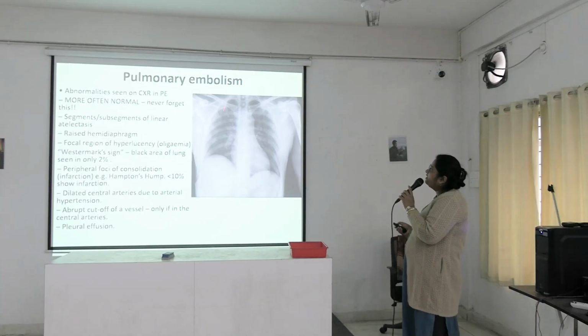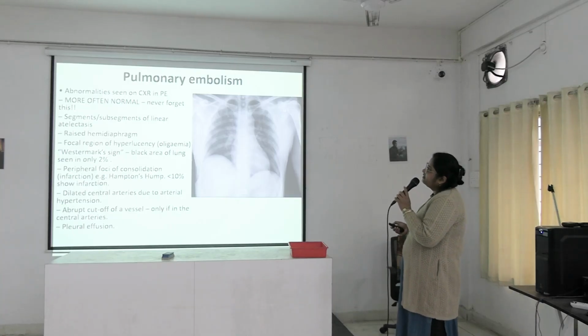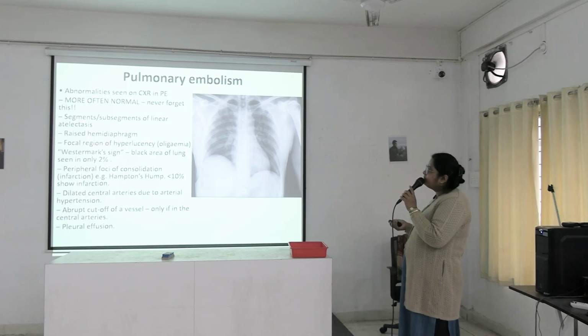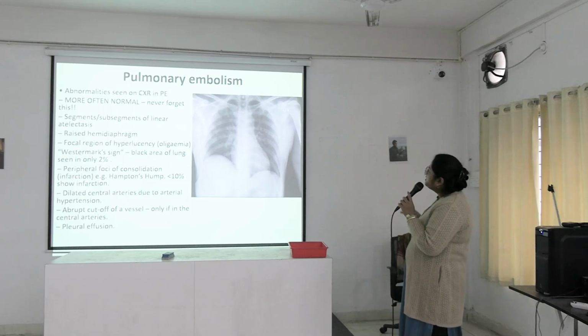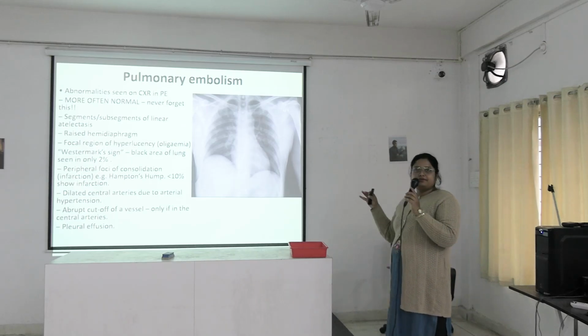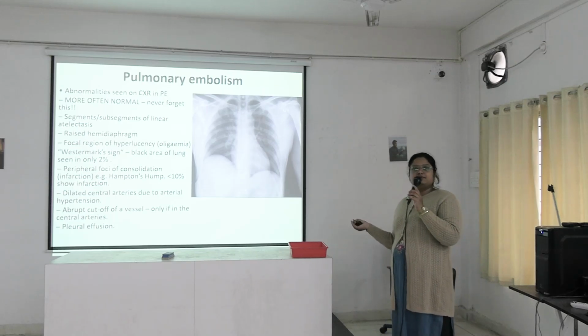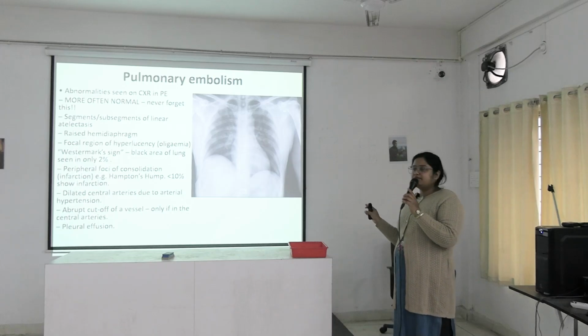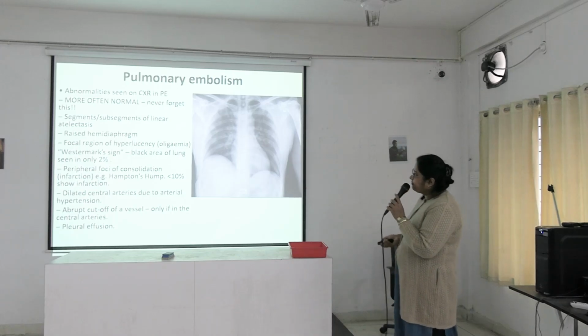Next is pulmonary embolism. More often it appears normal or shows segmental or subsegmental linear atelectasis. In some part there will be collapse of the lung. Atelectasis also means collapse in some part of the lung.